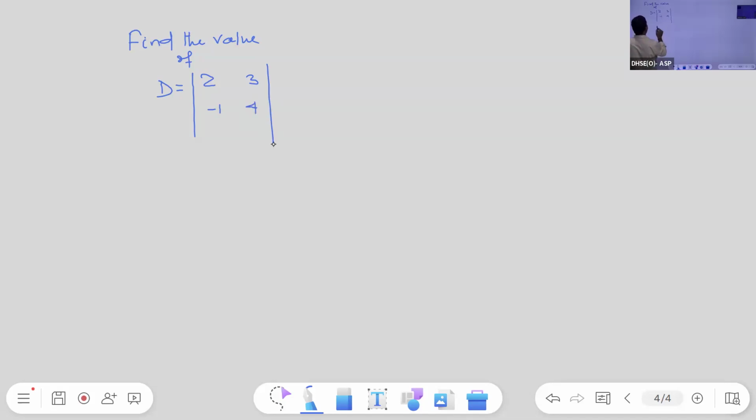Okay. So value of this determinant is equal to product of the elements in the leading diagonal, that is 2 into 4, minus 1 into 3. 2 into 4 is 8, minus 3. Minus of minus is plus. 8 plus 3 equals 11. Okay.